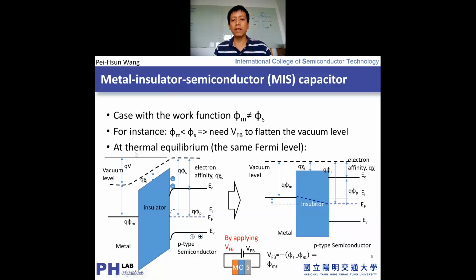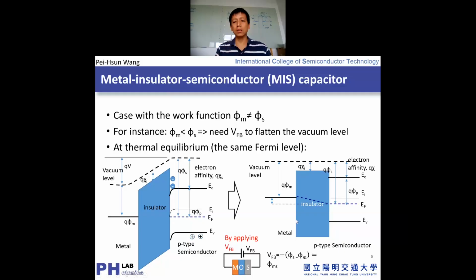At thermal equilibrium, we get the same Fermi level, and we can also see the quasi Fermi level of the doping concentration is slightly higher in the p-type system, lower than the intrinsic level of the p-type semiconductor. Okay, so depending on the initial condition, no matter whether phi_m is larger or smaller than phi_s, the work function of the semiconductor, we can use the flat band voltage to tune it back.